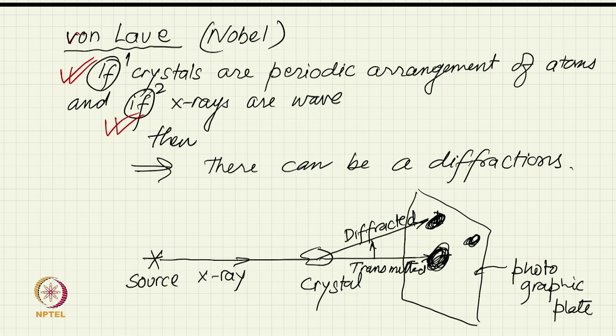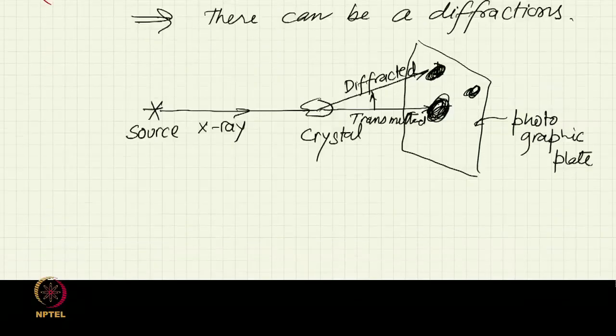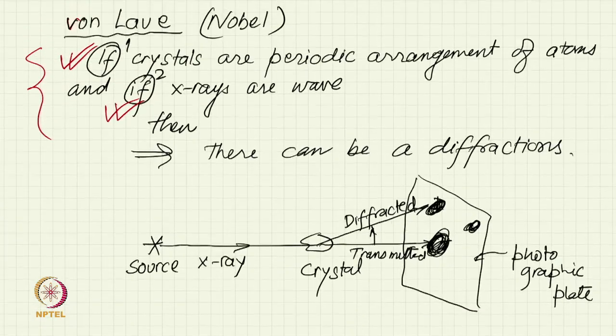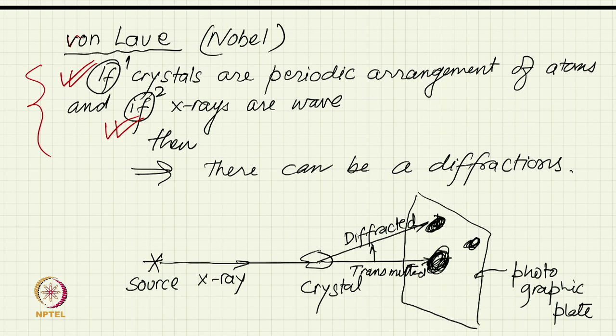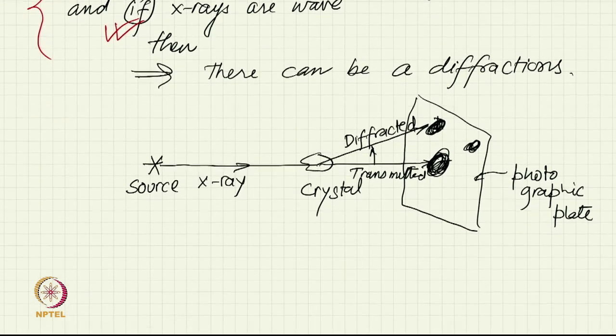Since he got the positive result, both questions got answered and it was established that crystals are periodic arrangements of atoms. So that was the historical experiment. In fact, this is considered to be one of the greatest experiments of all time in science.